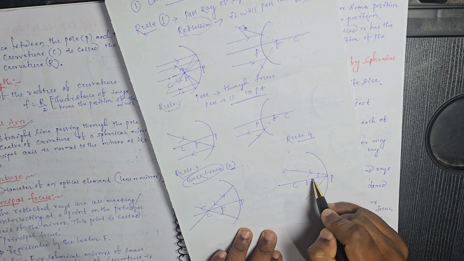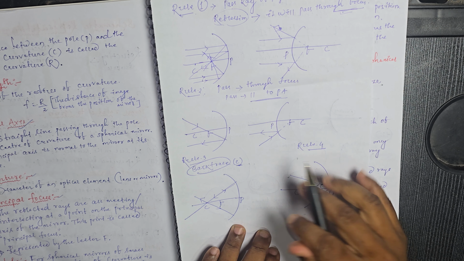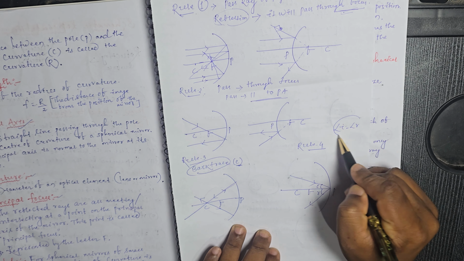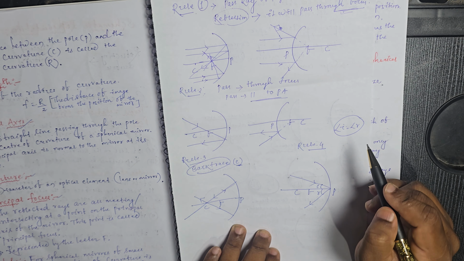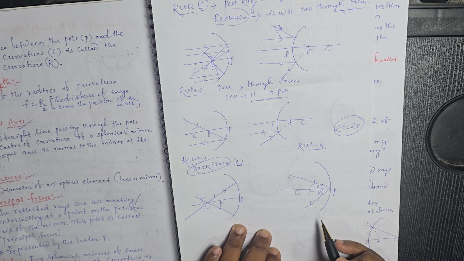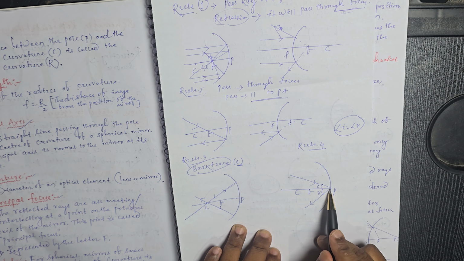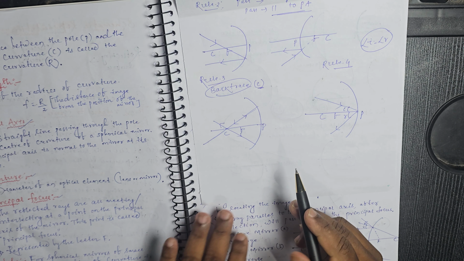That means here angle I is equal to angle R. To be honest and precise, in all of the possible cases, angle I is equal to angle R, which is the second law of reflection, and it is satisfied in all of the possible cases. But here it is visible. Clear? Rule number 4: if you pass a ray of light obliquely towards pole, it will return or bounce back obliquely from the pole. Clear? Same thing I can apply for convex mirror.